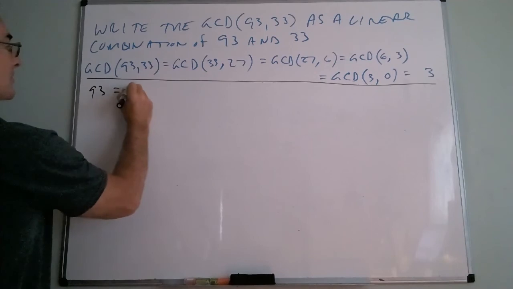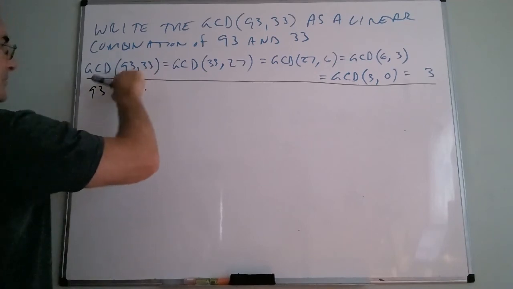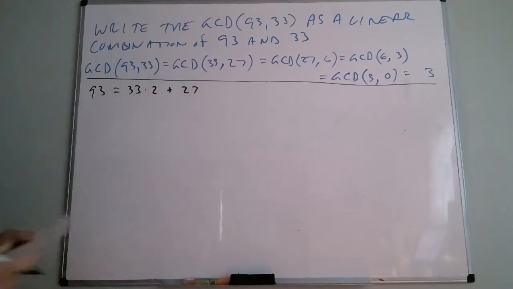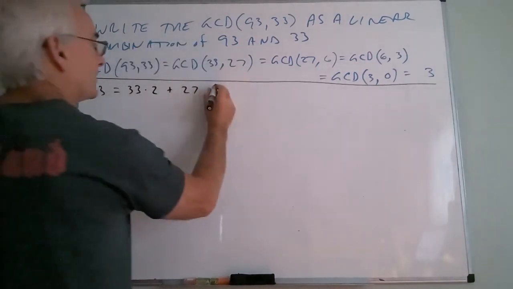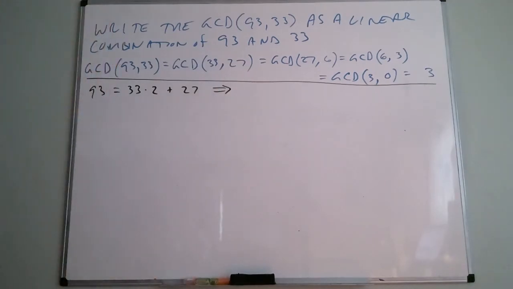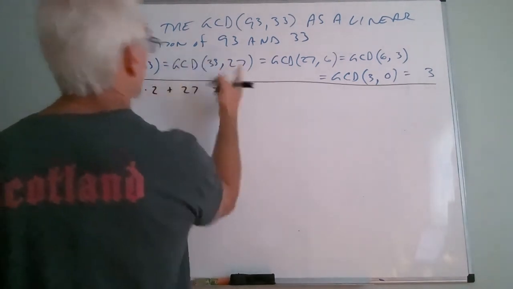So it's 33 times what? We said it goes in 2 times with the remainder of 27. Agreed? Everybody okay with that? But in the next step, I have a 27. So what I want to do is rewrite this as 27 equals, because that's the next number in the process.